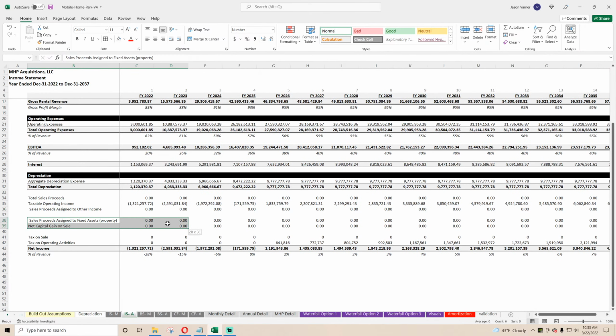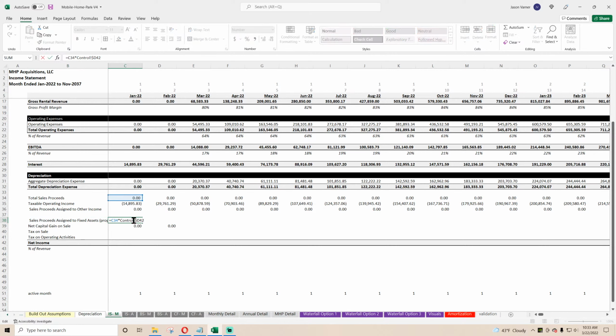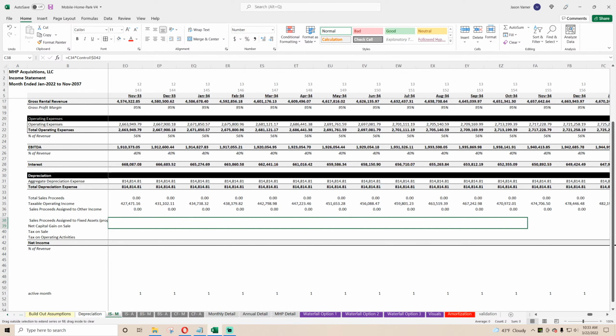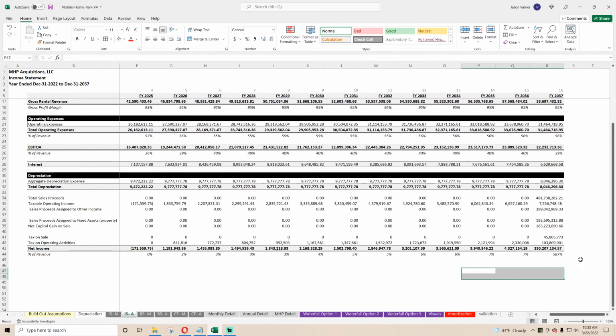Then we have these two. This is going to be total sales price times that, and then net gain is, so that should be fine as well. $192, $183. All right.